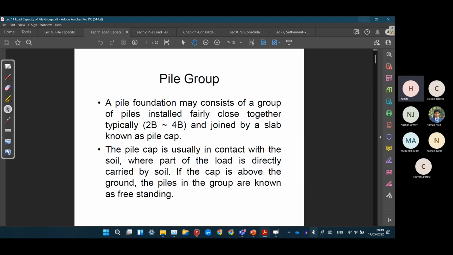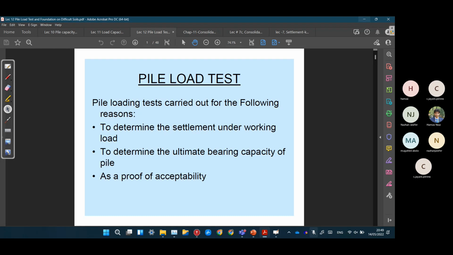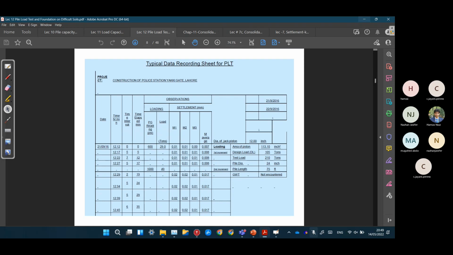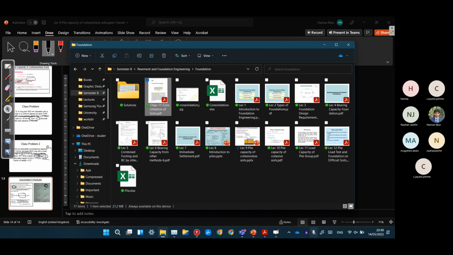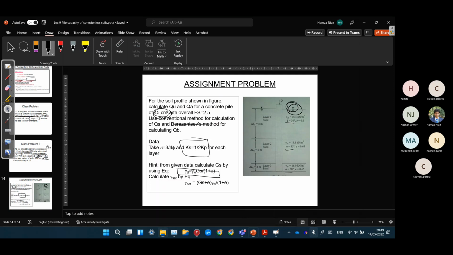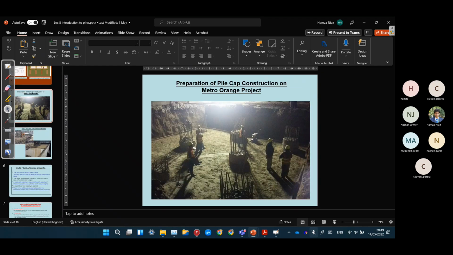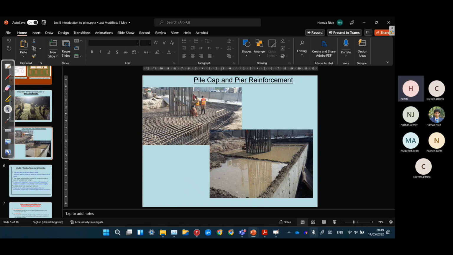I think there is no picture here. Maybe here, or maybe here. So if you look, this is a pile group.